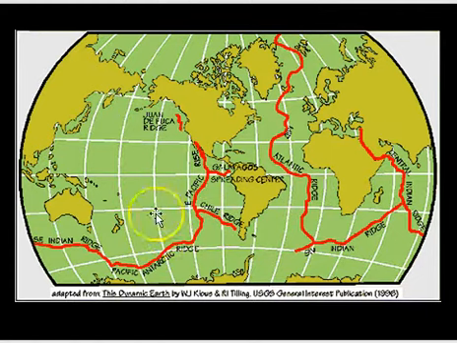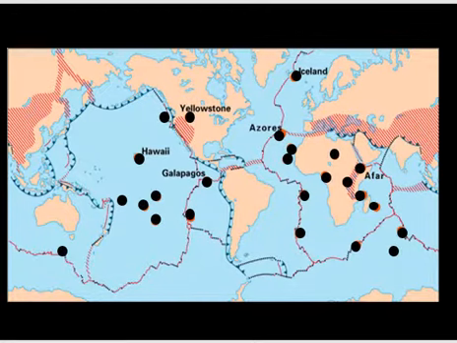So these plates are pulling apart, and you have volcanic activity all along these areas where you have plate movement separating. And then this is the location of hotspots, and you can see for the most part hotspots are not always associated with the plate boundary.